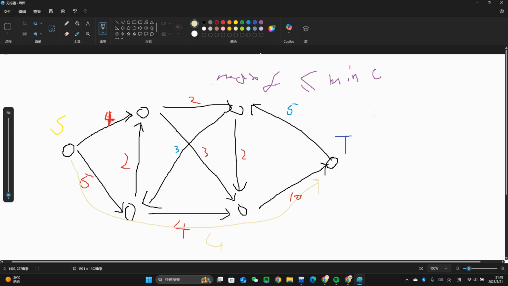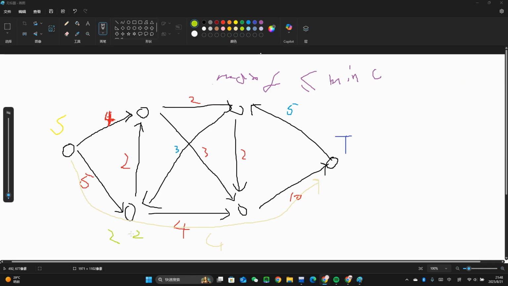However, if currently we only have 2 units of water flowing through this edge, then obviously we still have 2 units of water to spare, and that is going to be known as an, hold up, let me search up the word, increased flow path. Yeah, that's probably a pretty direct translation, but that is what Google Translate called it, and that's what we're going to go with.